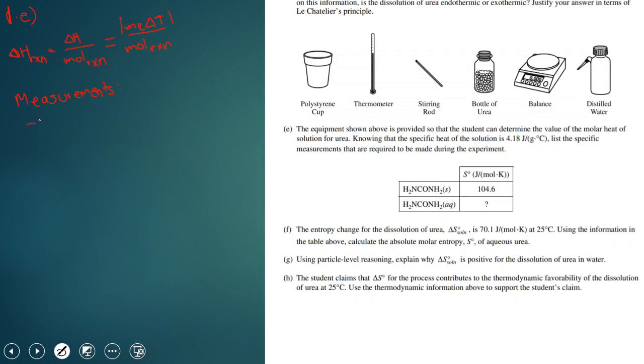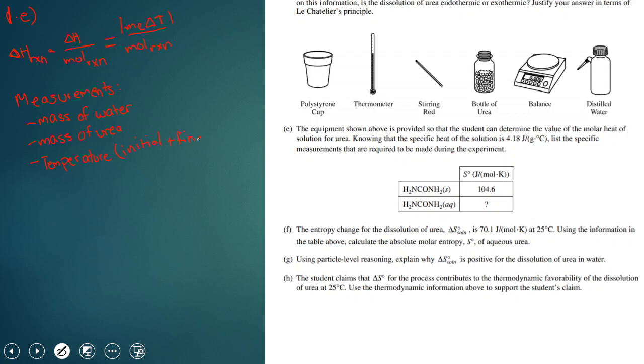So for measurements, we need the mass of water, we need the mass of urea, and then we need our change in temperature. So we need our temperature, both initial and final.